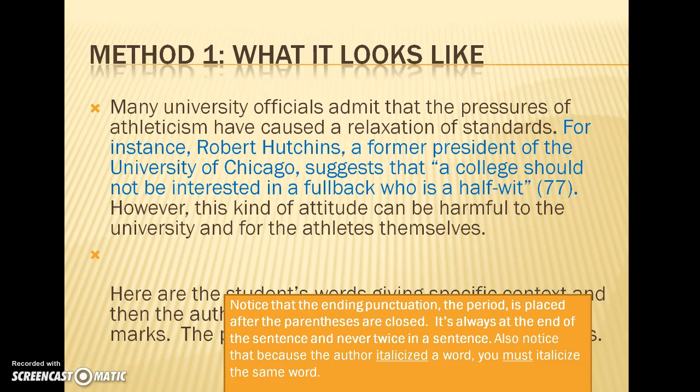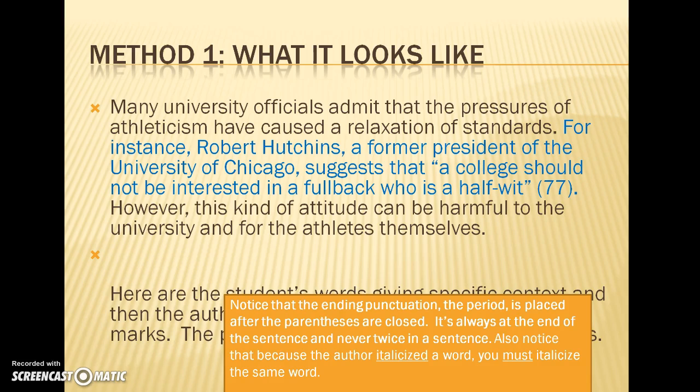If you closed your eyes and listened to this being read, then you would understand that there is very little difference or distinction between the author's words and the writer's words. It is what I consider to be a very successful blend because if I closed my eyes, I could hear it as one singular voice, and that is true blending.